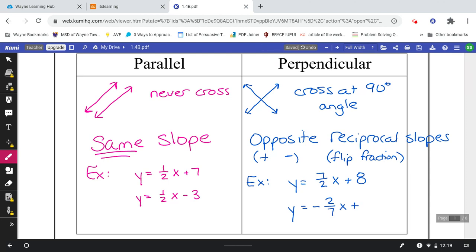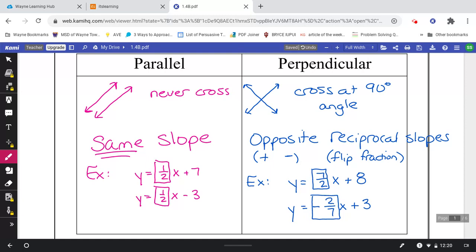So we'll just call that a 3. The y-intercepts don't matter. It's really this slope, and I'm comparing it to this slope right here. Same as with my parallel, I was comparing my 1/2 to my 1/2. So parallel slopes are the same. Perpendicular is when I have the opposite reciprocal.